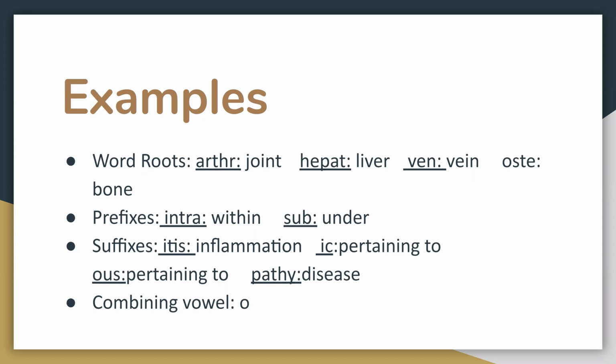Or we can add a suffix. Some common suffixes are itis, which means inflammation, or ik, pertaining to, also os means pertaining to, or pathy, which means disease. And don't forget the combining vowel. So we're going to add the O in there. And so let's see how these look together.